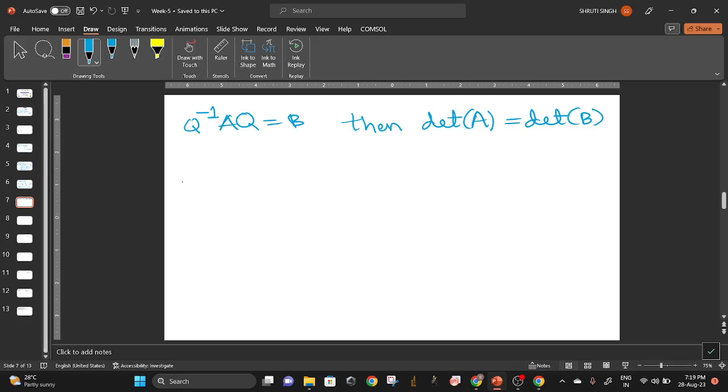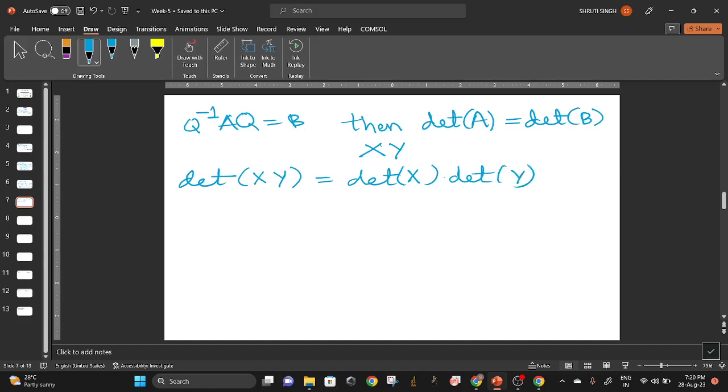Now we can write, how do determinants get multiplied? If XY is the matrix, then the determinant of XY will be equal to determinant of X times determinant of Y. This is a property of determinants.